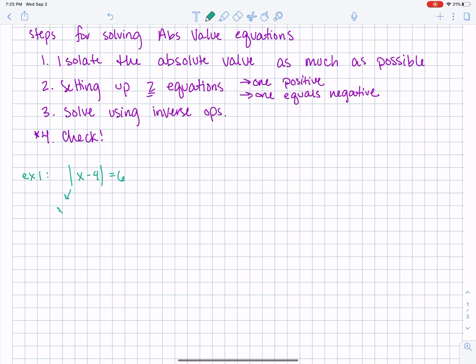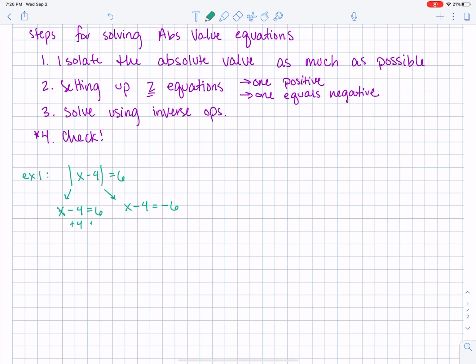One equation is x minus 4 is equal to 6, but the other equation is x minus 4 is equal to -6, because my two options for inside this absolute value bar are that it could either be a positive 6 or a -6.